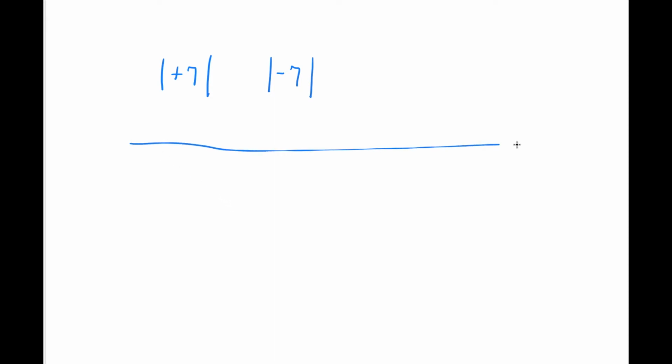So if you have your number line here, and this is 0, and you have 1, 2, 3, 4, 5, 6, 7. That's positive 7. And you have 1, 2, 3, 4, 5, 6, 7, negative 7, right? And you want the absolute value of positive 7. The absolute value of positive 7 is 7. It's the length of 7.